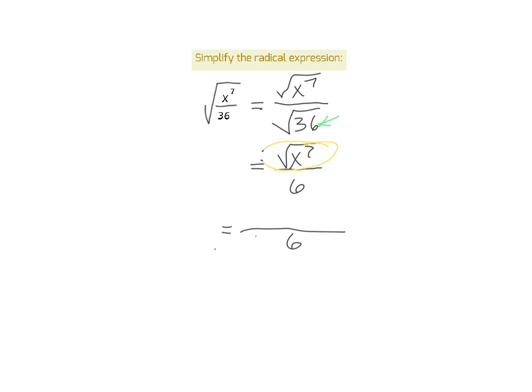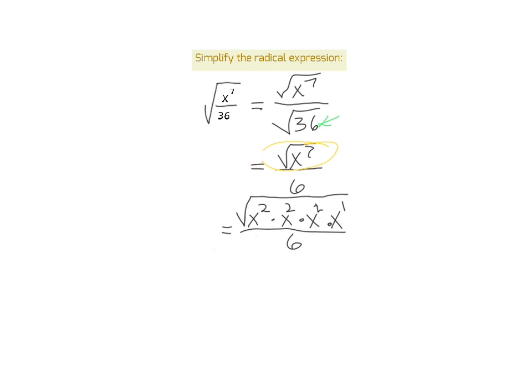Here's the 6 I already dealt with. And what did we have? We had x squared. I'm going to put the radical sign in there after x squared, and x squared and x to the 1st power. And we want the square root of all of these things.